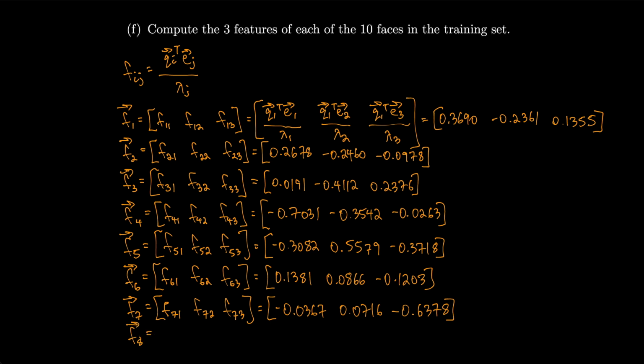And then for F8, F81, F82, F83, given by 0.2870, 0.0678, negative 0.2304.